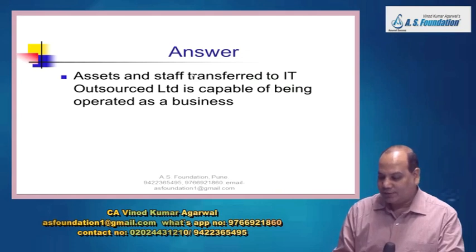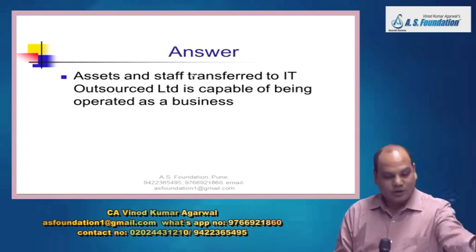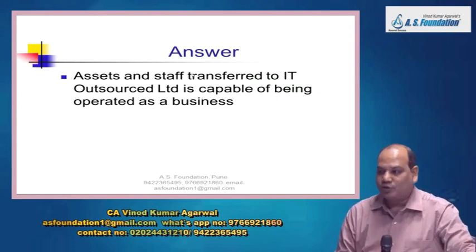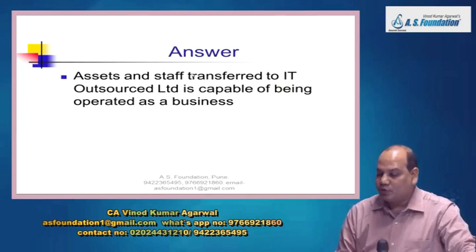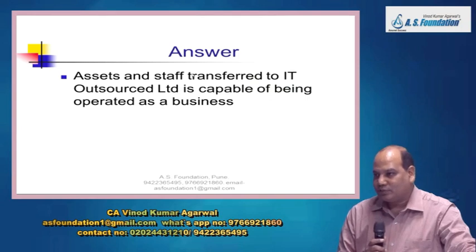So the assets and staff transferred to IT Outsource Limited. Now see, right now it is not generating any output which you can sell. But because this department is such that its services can be outsourced, which means in future you can generate revenue from this department, the assets and staff transferred to IT Outsource Limited is capable of being operated as a business.